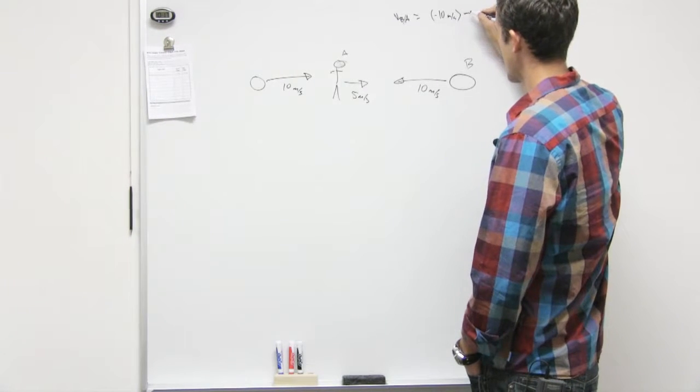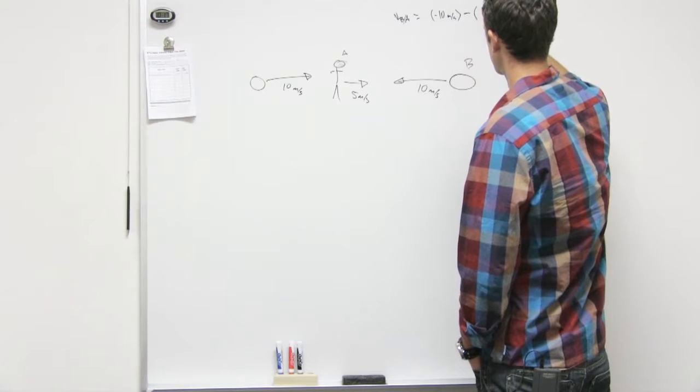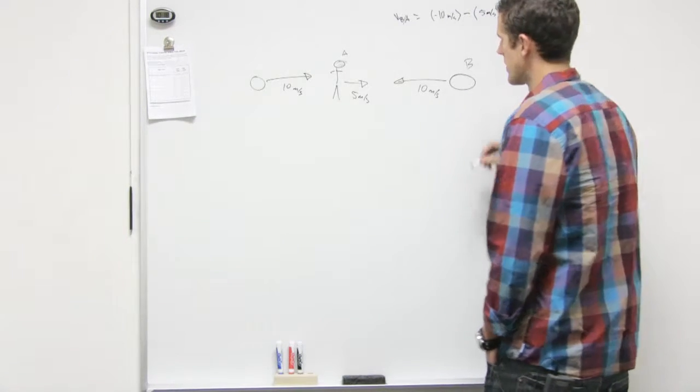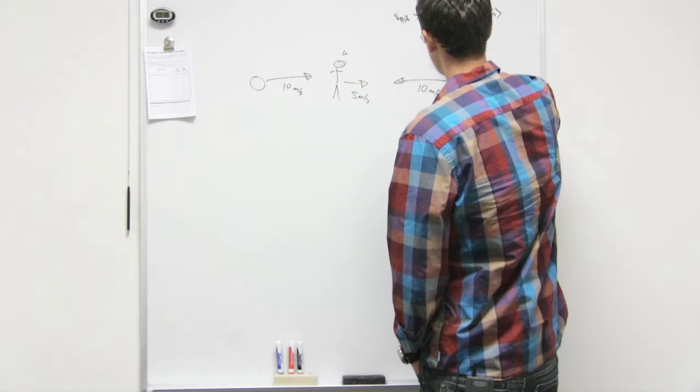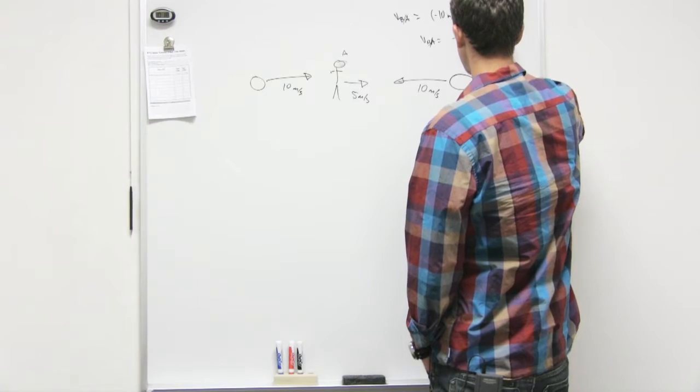And then you subtract the first one. So that'd be her, which is 5 meters per second. So the velocity of B with respect to A is negative 15 meters per second.